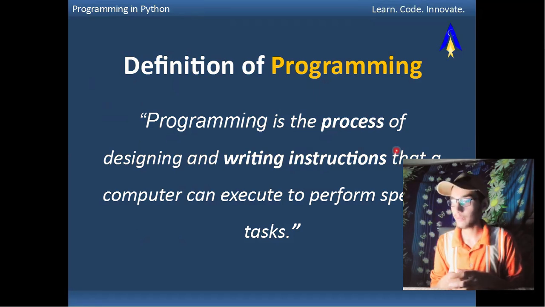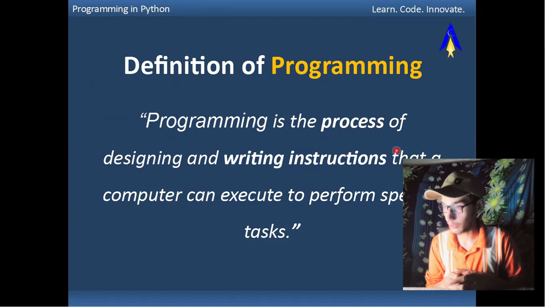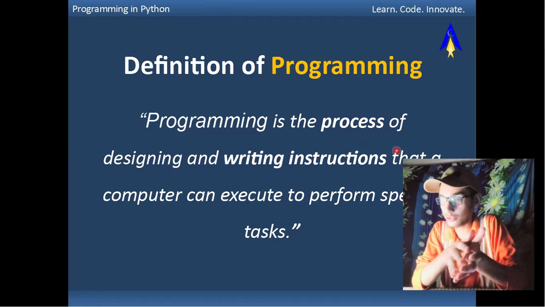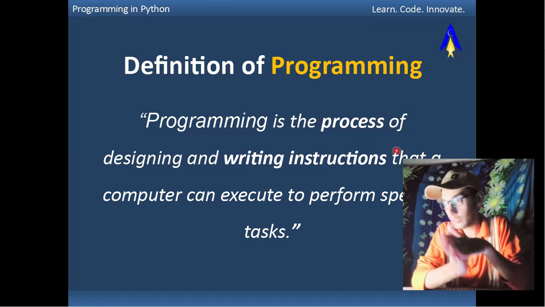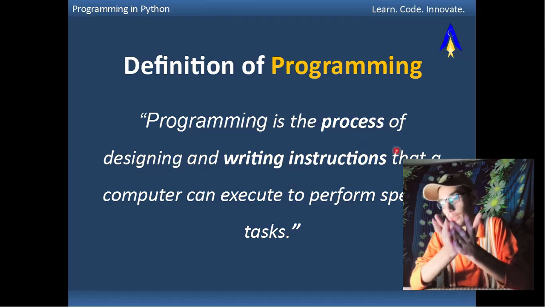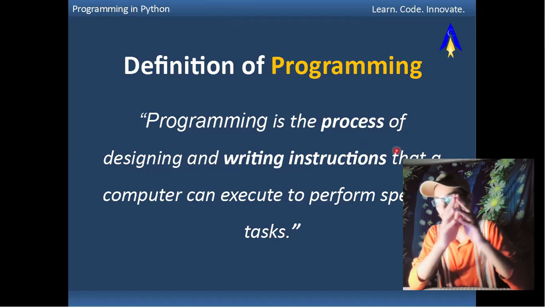In the same way, we have to obey rules to write those instructions and design the concept. What we intend the computer to do, we have to explain clearly to it, and the computer executes it and performs a specific task. This is how we do programming.